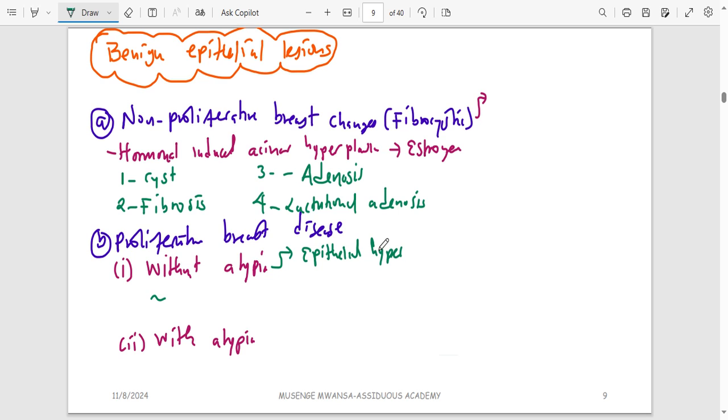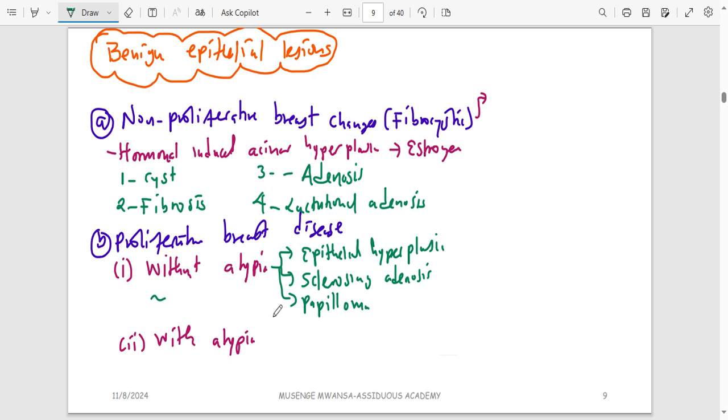Epithelial hyperplasia. Besides that, you also have adenosis, but not the one that is here. We have what is known as sclerosing adenosis. And also a papilloma. You know, a papilloma is just these finger-like projections.